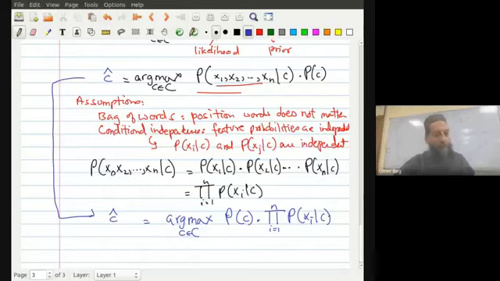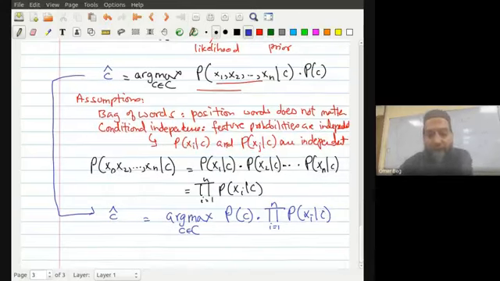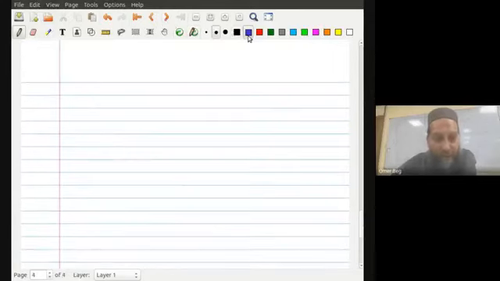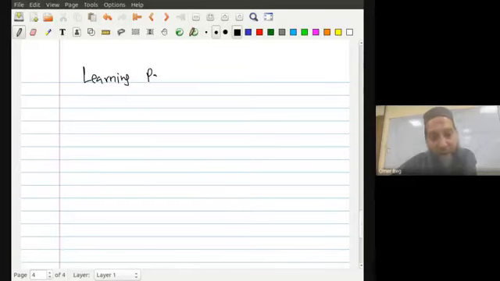Okay? So that's our naive Bayes model, and it works in a very similar fashion as our noisy channel model would work. Now the question is, how are we going to be learning this naive Bayes model? So, learning the parameters of the naive Bayes model.